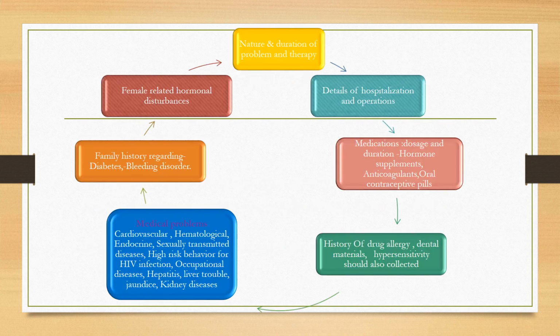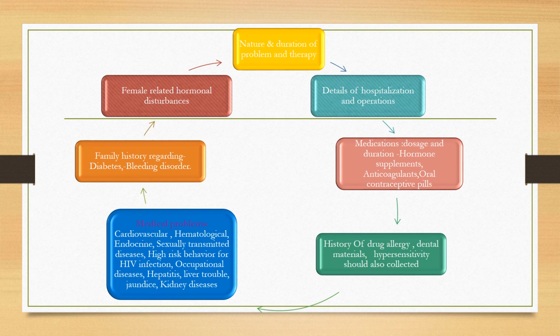Coming to the details of medical problems, you should ask about medical problems like cardiovascular, hematological, endocrine, etc. If there is any familial history regarding diabetes or bleeding disorders, it should be noted down, and also female-related hormonal disturbances can be seen. Then associated gingivitis can be seen, and that also should be noted.